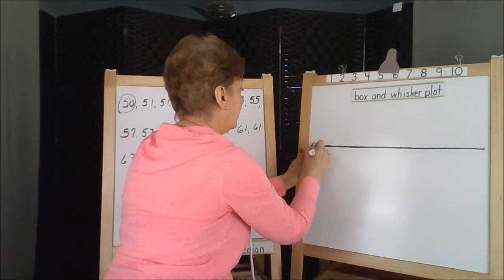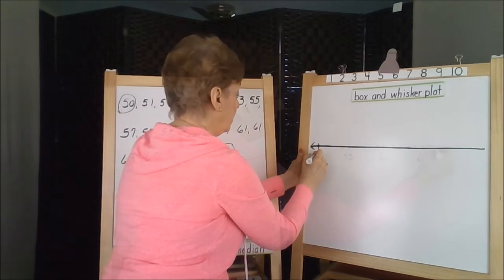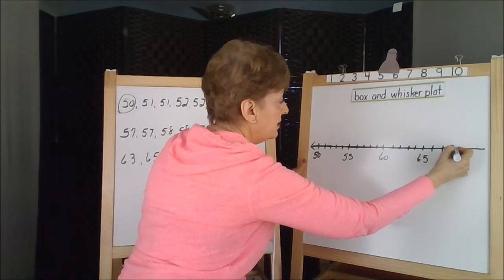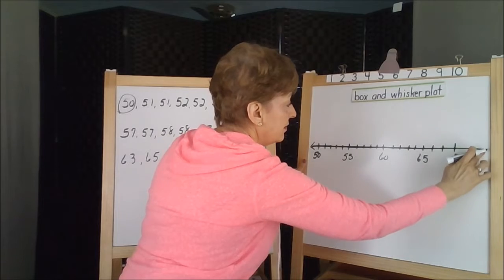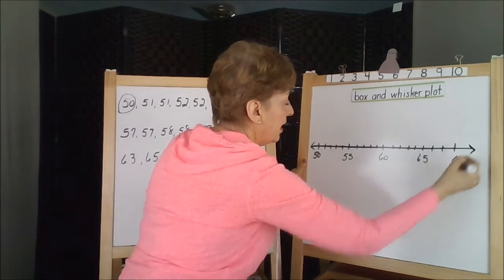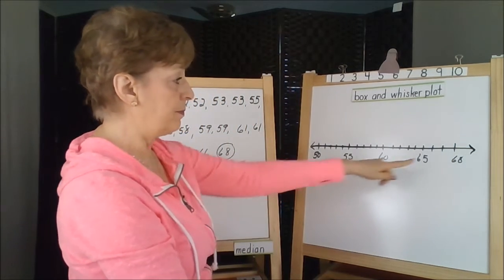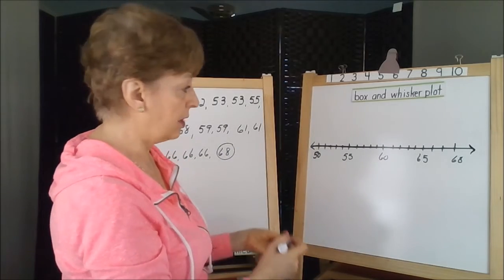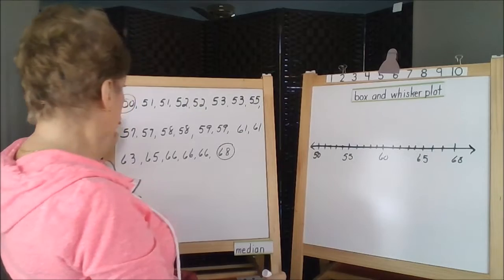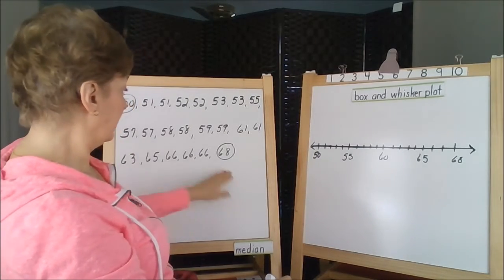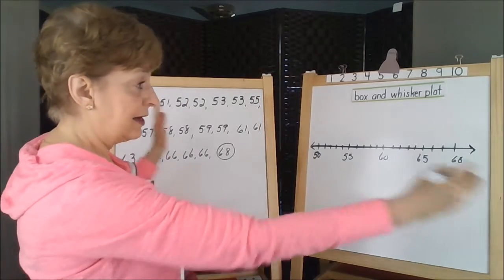So our first value here would be 50, 66, 67, 68. Here's my end one. And of course, the number line goes on forever, so I put my arrows on the two sides of the number line. So this number line now shows the smallest value and the largest value.